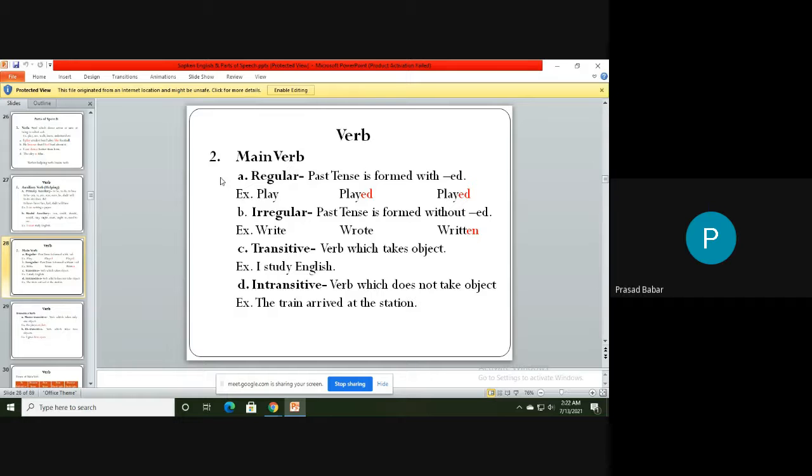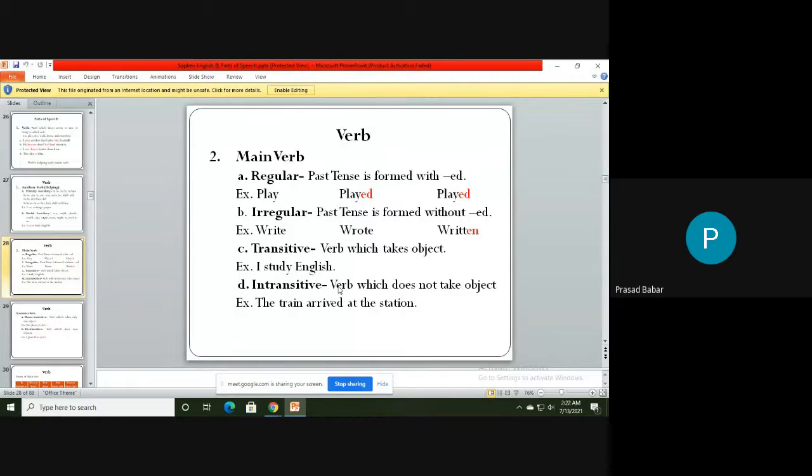There are also 4 types of main verb. And what are they? First is regular verb. Second is irregular. Third is transitive.